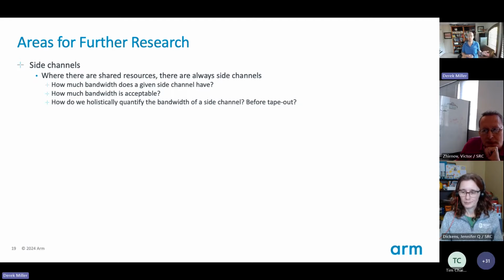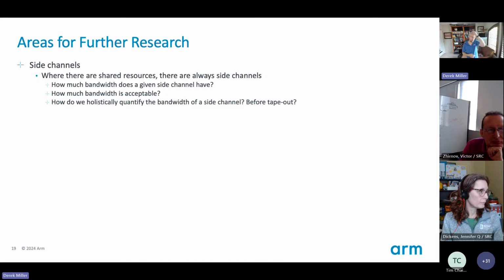And what I think is a really interesting area, especially for the people at SRC, would be, how do we holistically quantify the bandwidth of a side channel, especially before tape out? If we look back at cryptography from 20 years ago, it wasn't a very formal methodology. There wasn't the concept of advantage.